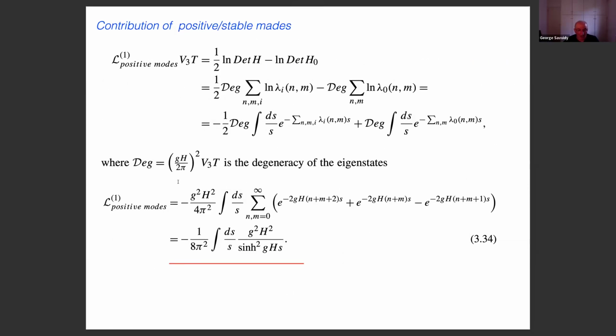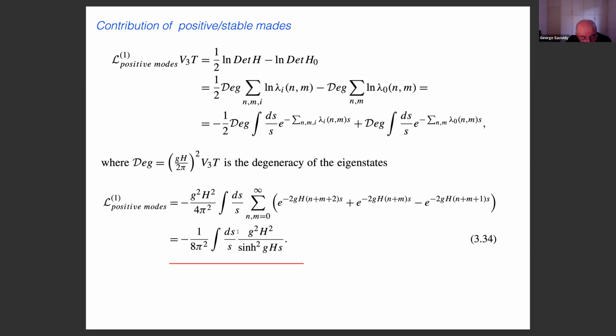And that's what this term is. You see g square h square is the term which comes from degeneracy. And these summations produce this beautiful hyperbolic sine square of gh s, g square h square. So this expression is very important to analyze.